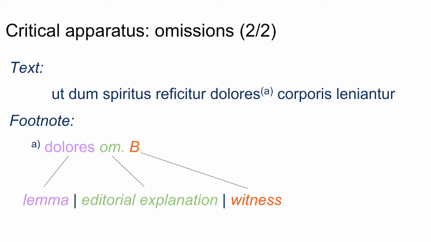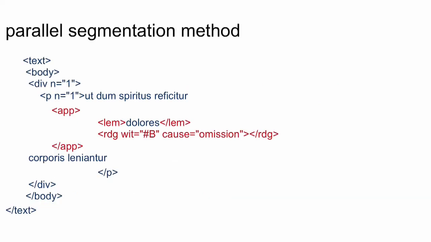And here is how you would encode this in a parallel segmentation method. So at the place where the omission occurs, where there's a disagreement between the manuscripts, you put the apparatus element with the lem element for the lemma and a reading element here for the omission. Still, you connect this reading with B through the wit attribute.